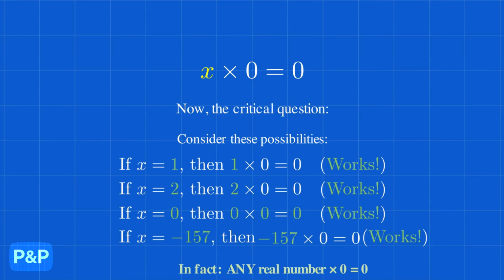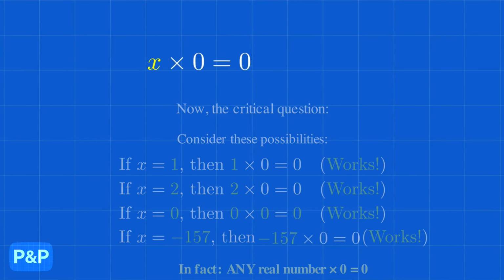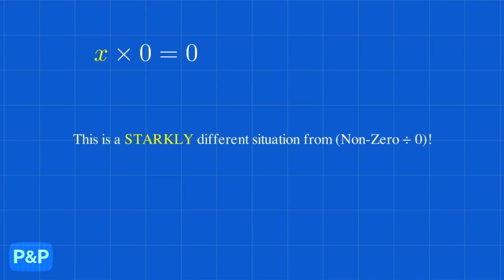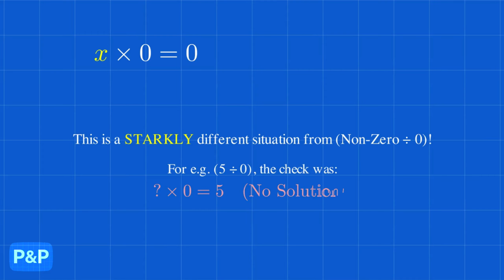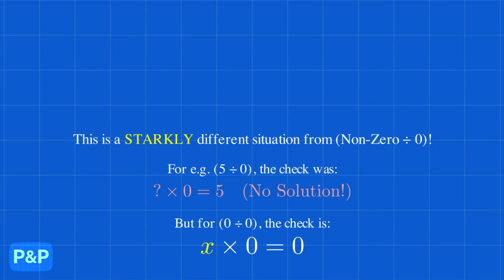This works. In fact, any real number multiplied by 0 gives 0. This is a starkly different situation from 5 divided by 0. In that case, there was no number that could satisfy the multiplication check. For 0 divided by 0, it appears that every number satisfies the multiplication check x times 0 equals 0.